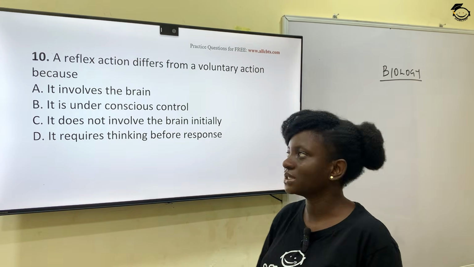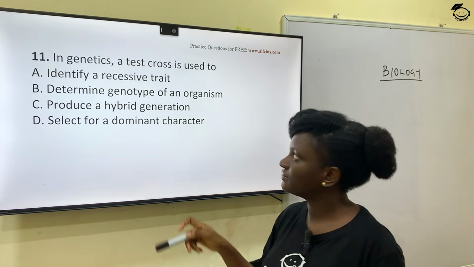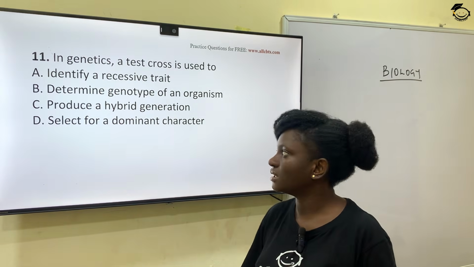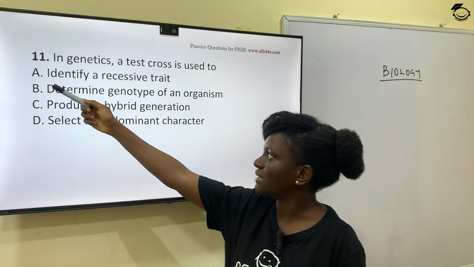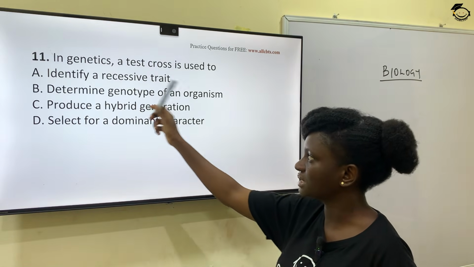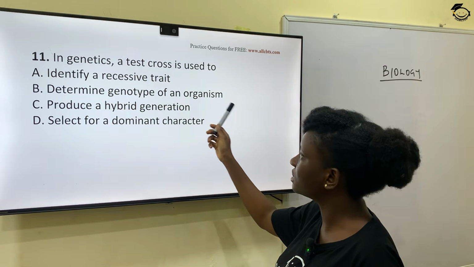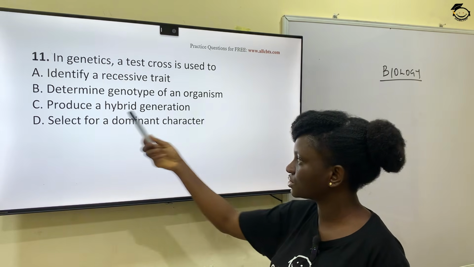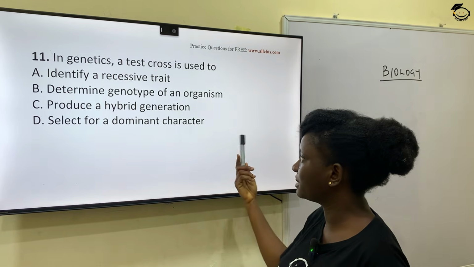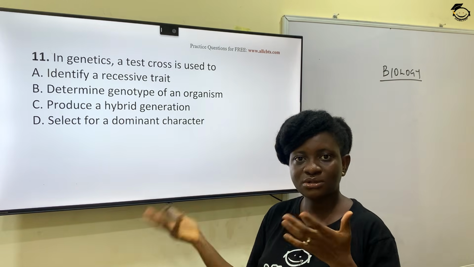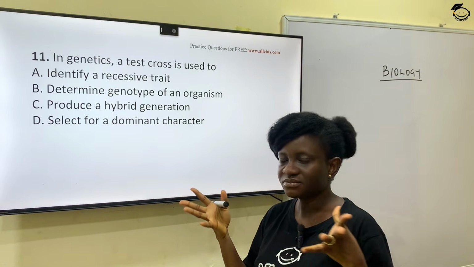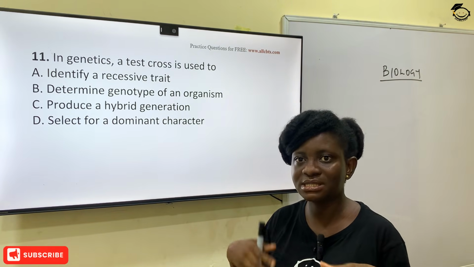The next question, question 11. In genetics, a test cross is used to A, identify a recessive trait, B, determine genotype of an organism, C, produce a hybrid generation, D, select for a dominant character. So for a test cross, maybe you have a recessive gene and homozygous and heterozygous.